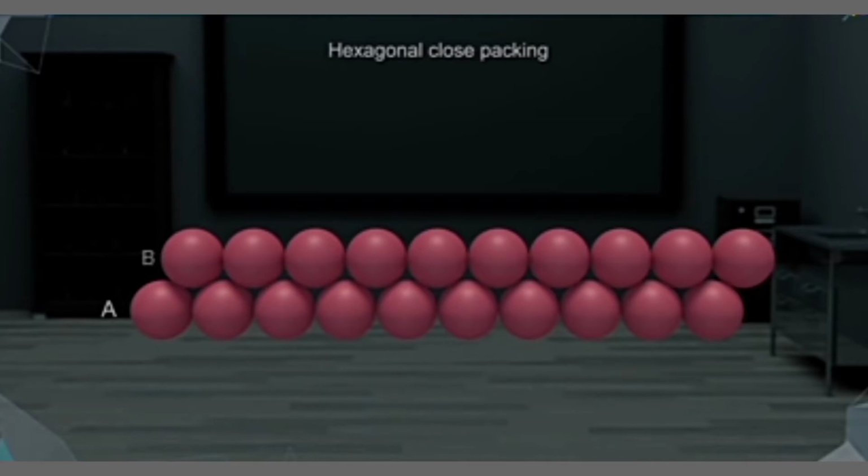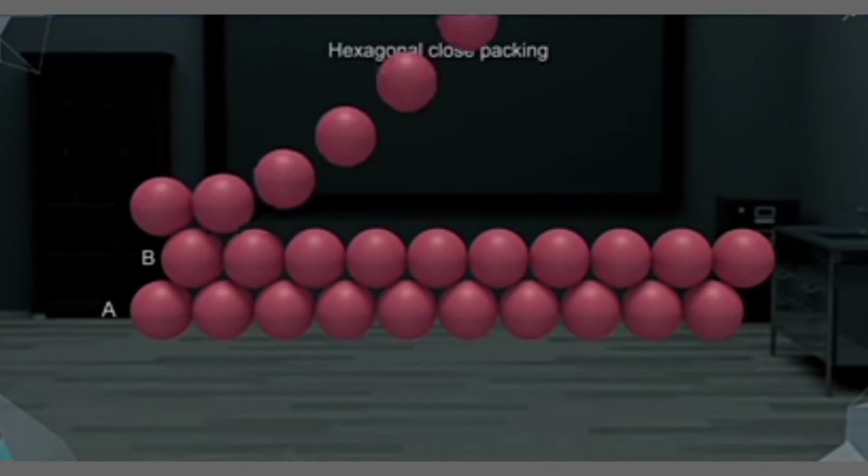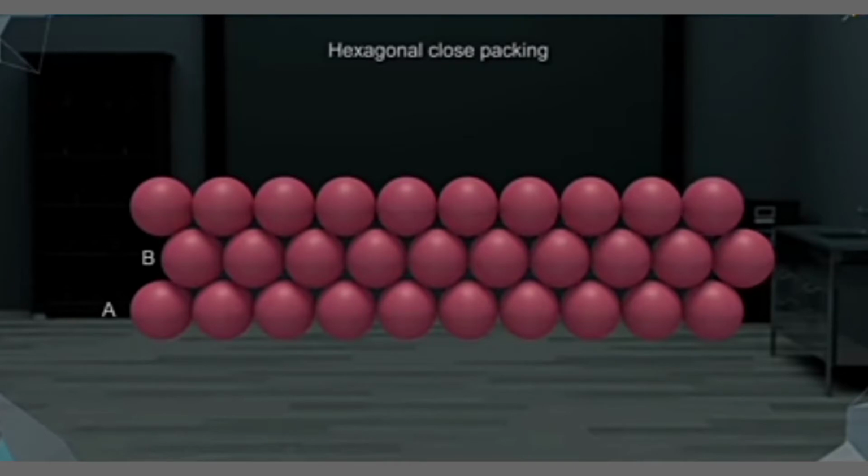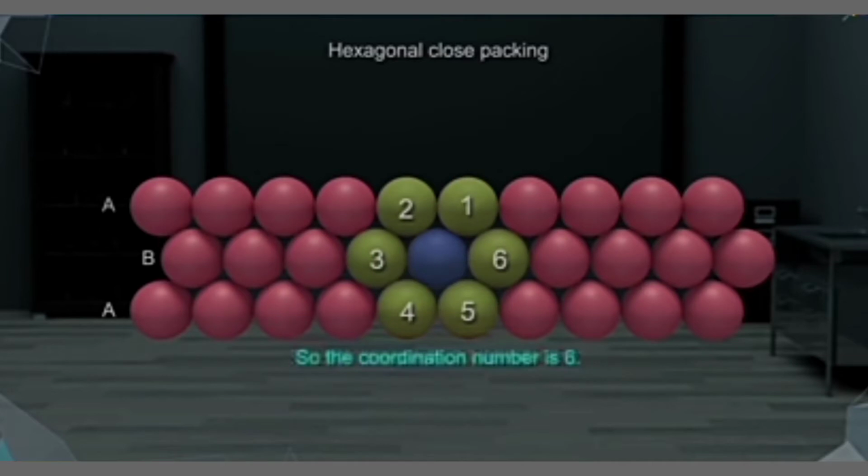Now, if we place the third row above the second row in a similar manner, we will observe that the third row of spheres is aligned with those of the first layer, and each sphere is in contact with 6 other spheres. So the coordination number is 6.